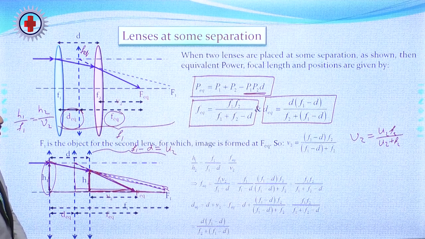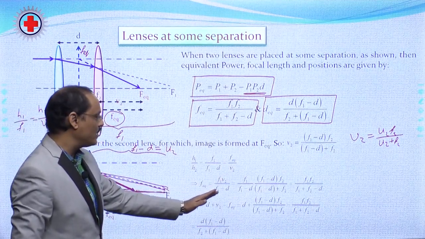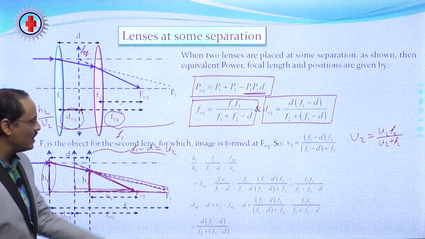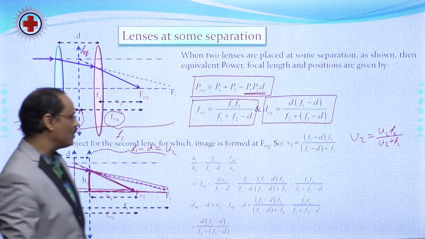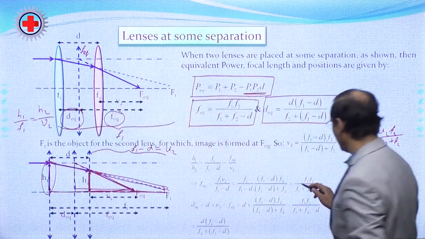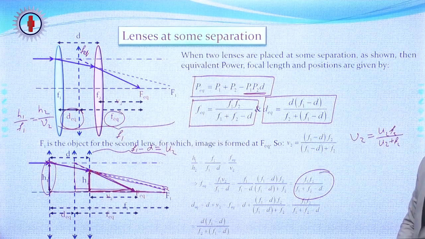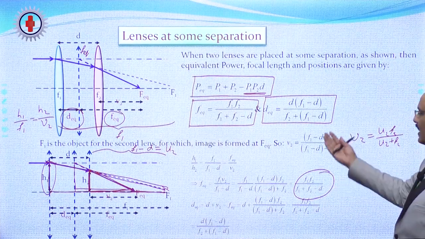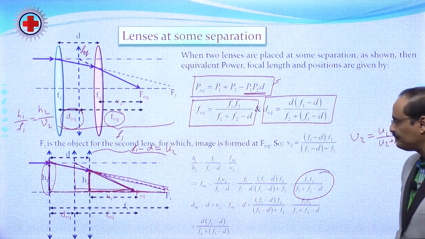Now, solving these two, we get f equivalent equal to f1 v2 by f1 minus d. Putting the value of v2, we get f equivalent equal to f1 f2 upon f1 plus f2 minus d. And as you get the equivalent focal length, you get the inverse of this, and we get the relation of power.